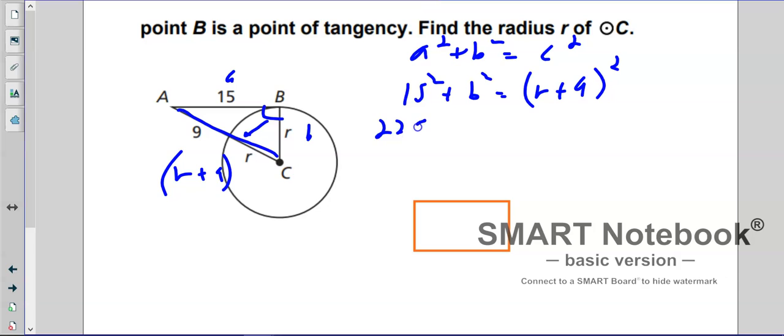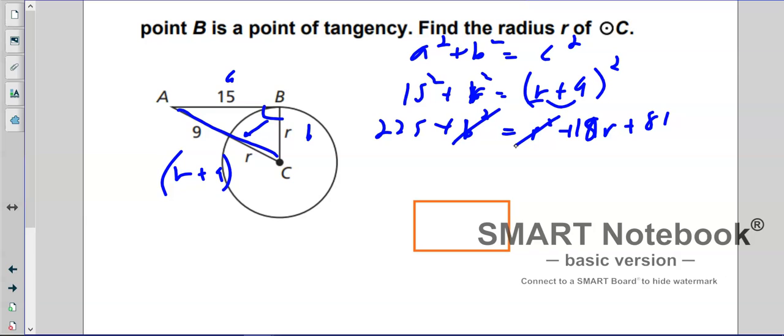So this is 225. I guess I should have left this r. So when I square this first, r squared. I multiply and double, so 9 times 2 is 18, r, and then I square the 9. Well, the nice thing is the r squareds cancel each other out.